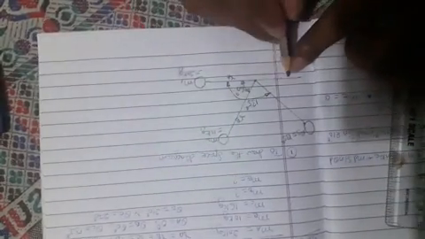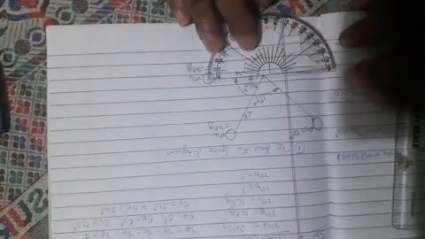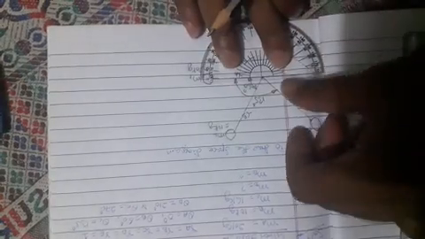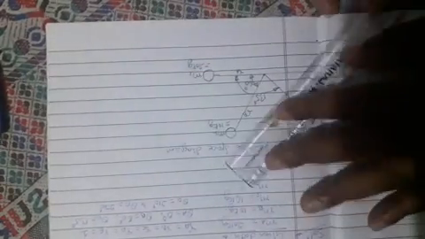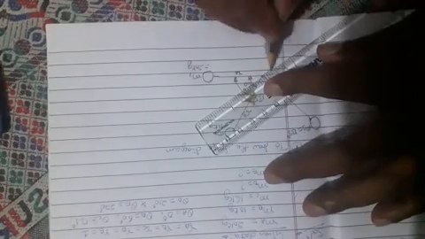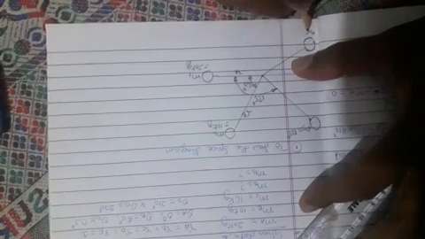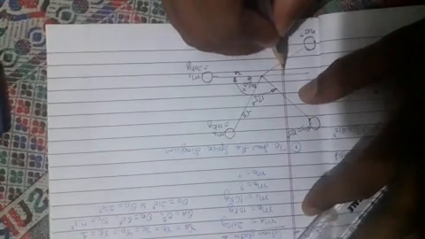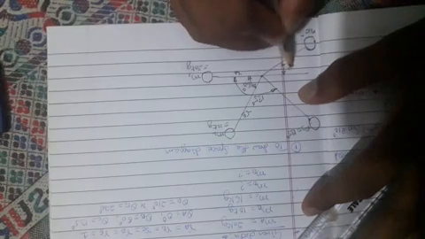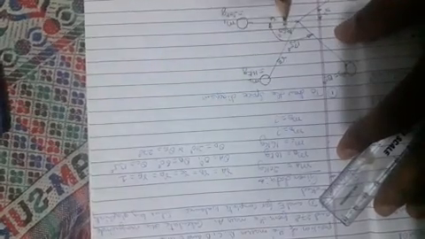So from this line we can draw a line at 30 degrees. So this is M4, whose value is not given. This is the 180 degrees, and 180 degrees plus 30 degrees is nothing but 210 degrees.